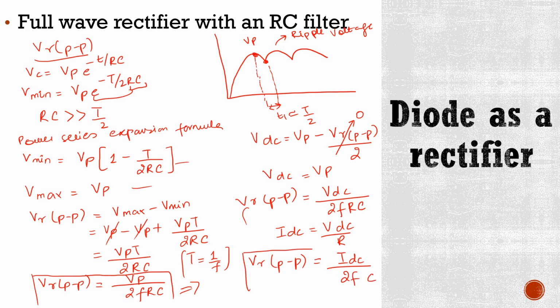So this is the expression of peak to peak ripple voltage in terms of DC load current for a full wave rectifier.